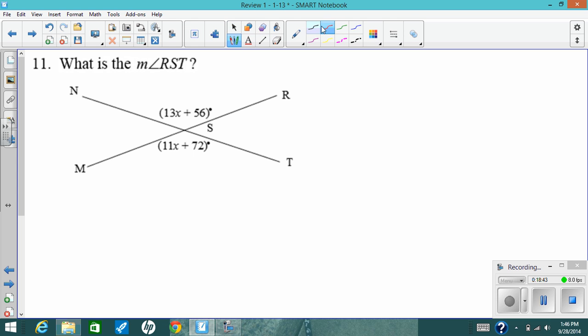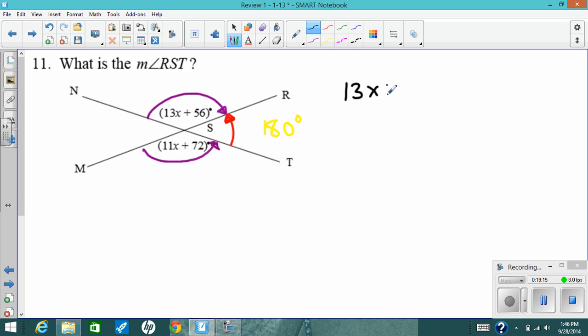Here I'm looking for the measure of angle RST, which you might notice is not labeled with anything. But I do know that this angle NSR and this angle MST, they're vertical angles, so they're congruent. That'll help me find x. And I also know that NSR and RST are a linear pair, so they should add up to 180 degrees. So let's find x first.